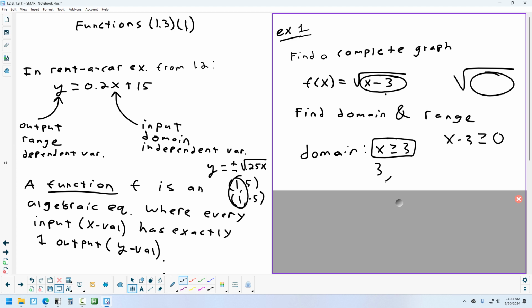Okay, so what would that be? Infinity. Now, when you say 3 is the lowest number we can pick, can we include picking 3, or do we not include picking 3? Is it greater than 3, or greater than or equal to 3? Yeah, greater than or equal. Right, you can pick 3.